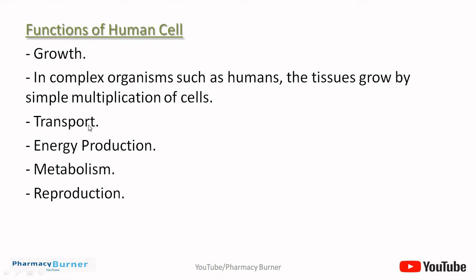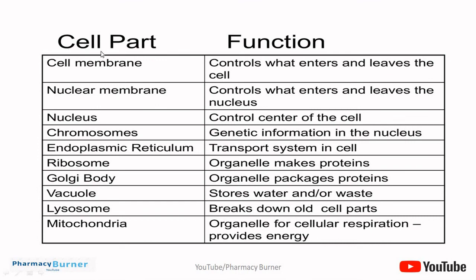The cell is responsible for the transport of minerals, ions, protein, carbohydrate and lipid. Energy production also occurs in the cell, as well as metabolism and reproduction. So we further discuss these points which we covered above.